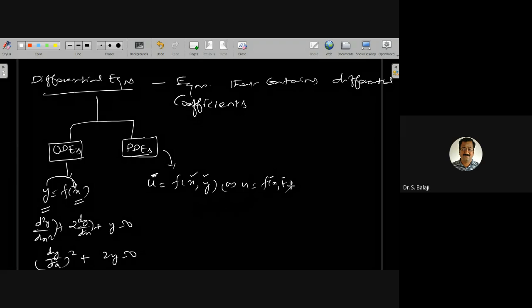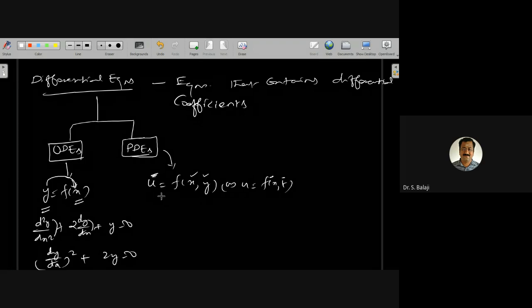In that case, if you take a derivative, you have to use partial derivatives, because U depends on more than one variable.